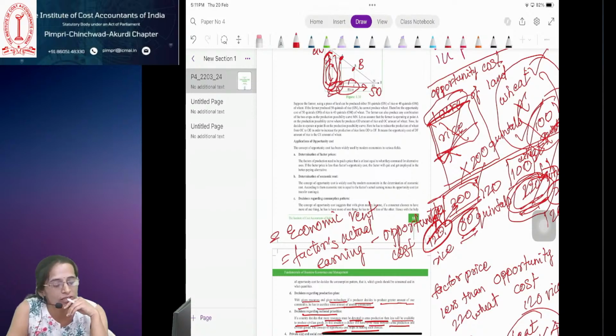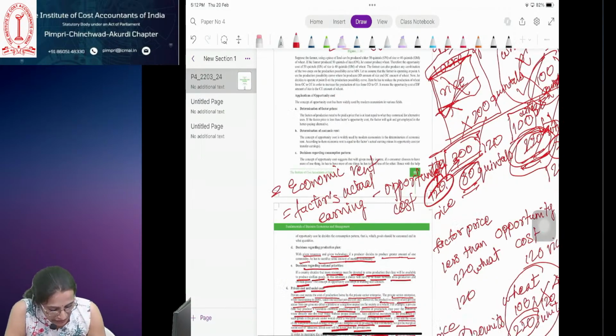So as a producer, if I am foregoing more to produce B, opportunity cost is more, right? So what we will see, opportunity cost should be less. I should forego less.